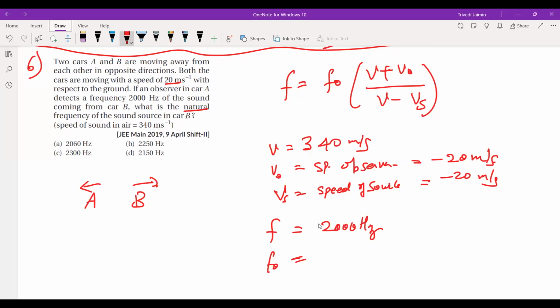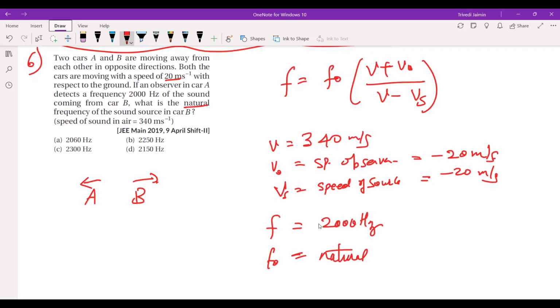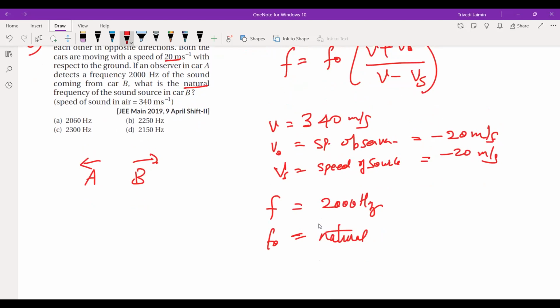Come on people, solve it. Nothing left here. Substitute. So I got 2250 hertz. 2250 means option B. Yes, sir. Okay, let me just see. Yeah, it is. Very good.